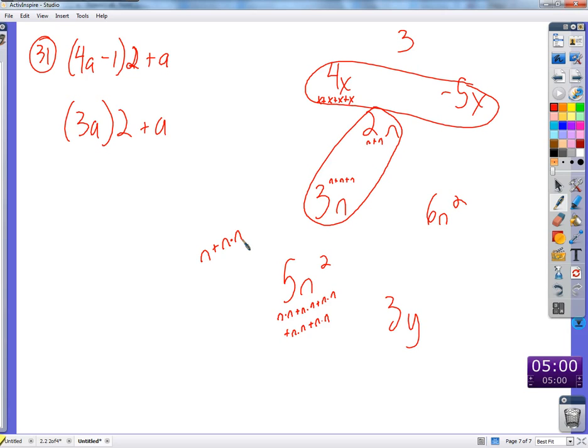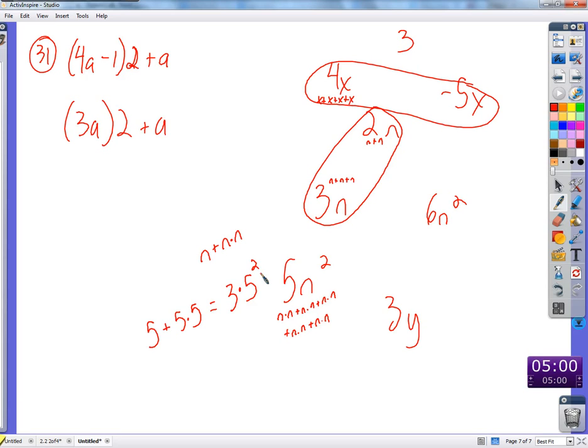Think of it this way. Let's make n a specific number, 5. 5 plus 5 times 5. Can you add those together? You can add them together, but can you do it in a way where you can just say, like, 3 times 5? It's not that. It's not 3 times 5 squared.